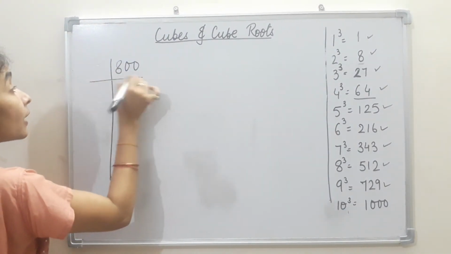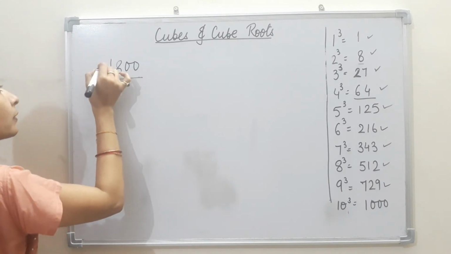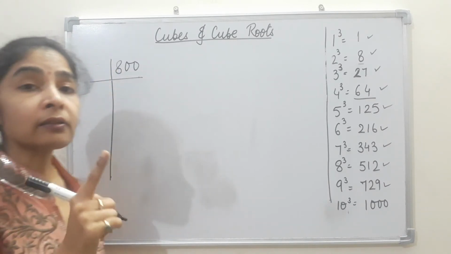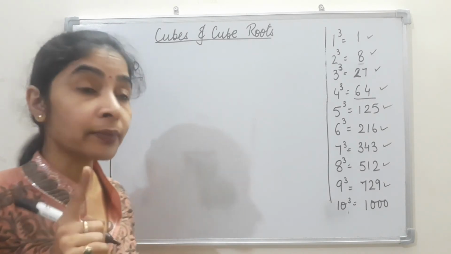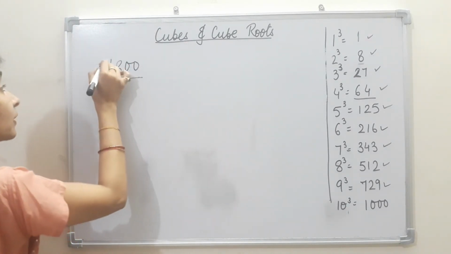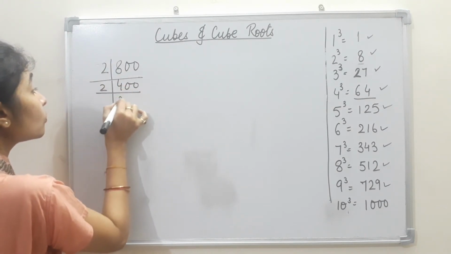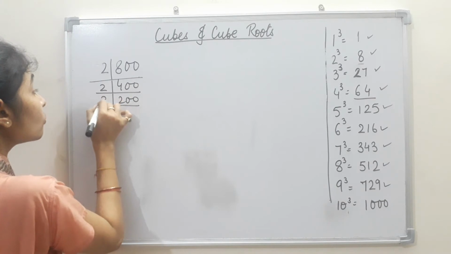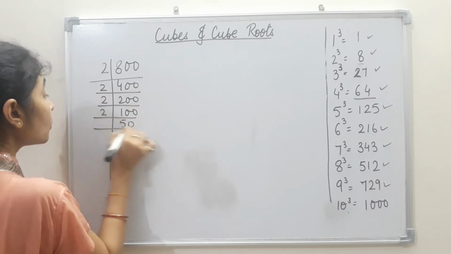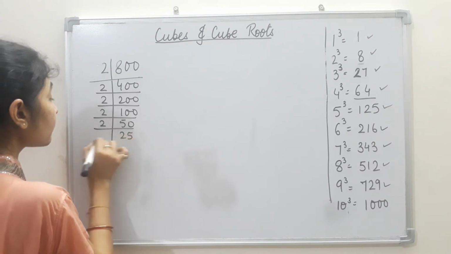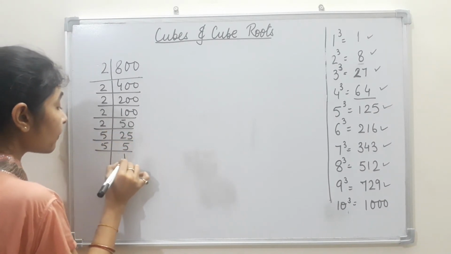Let us see. Now just doing the prime factorization of 800 first. Then whichever number is not in triplets, we have to make the triplet. So multiply that particular number to make it a triplet. So starting with 2, 2, 4, 0, 0, 2, 2, 0, 0, 2, 1, 0, 0, 2, 5, 0, 2, 2, 5, 5, 5, and 5, 1.